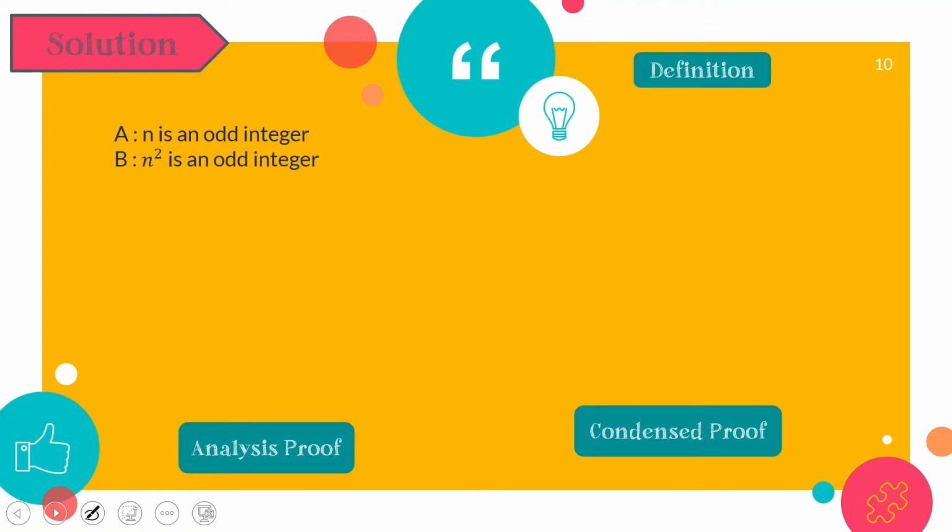Okay, so from here we have statement A: n is an odd integer, and statement B: n square is an odd integer. To solve this, we need a little definition. What definition should we have? The definition of an odd number.